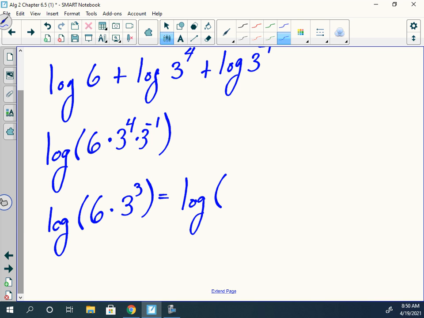Now, what is 3 to the third? Because 3 squared would be 9, and 9 times 3 is 27. And last but not least, we need to do 6 times 27.